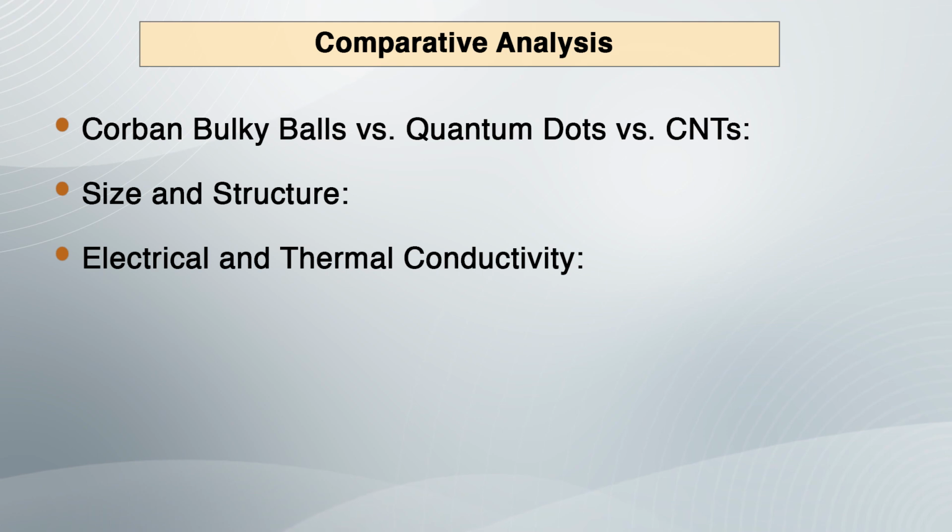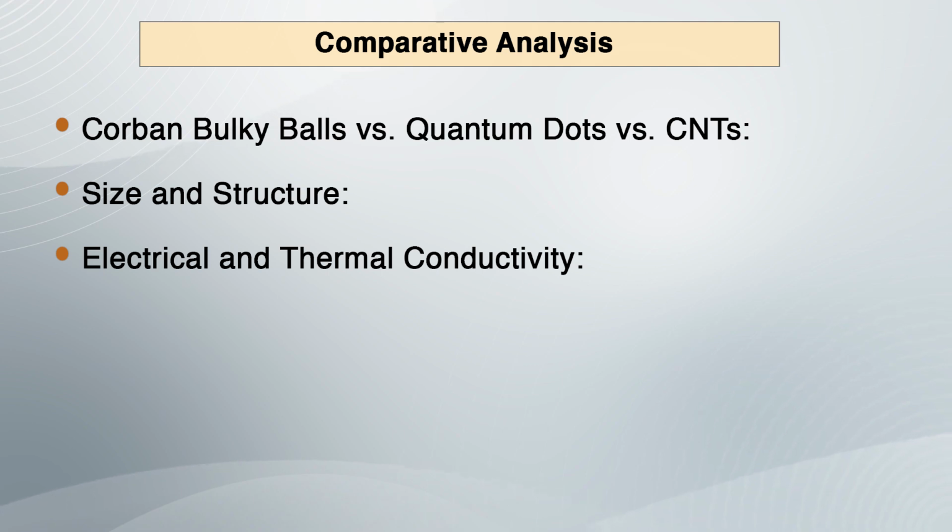Quantum dots are primarily valued for their tunable optical properties rather than electrical or thermal conductivity. They are widely used in applications where controlled light emission and absorption are essential.